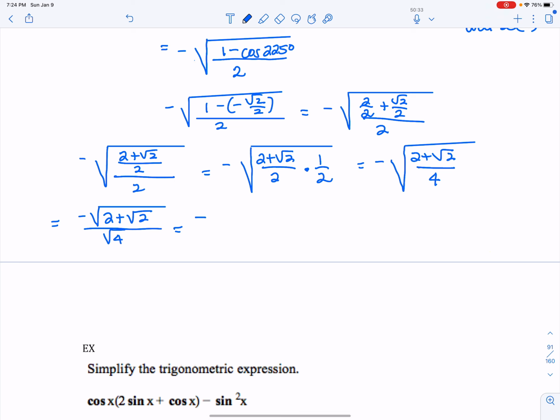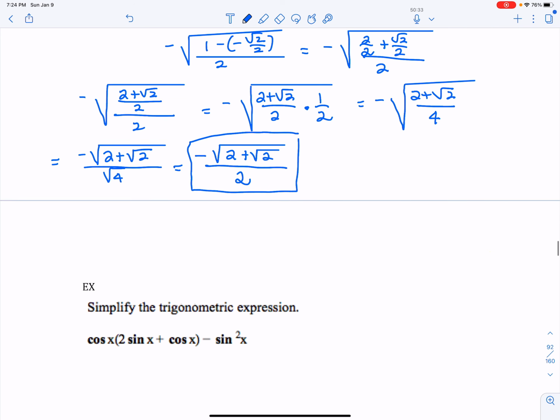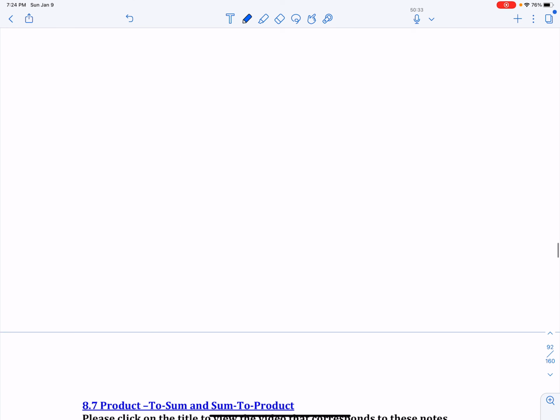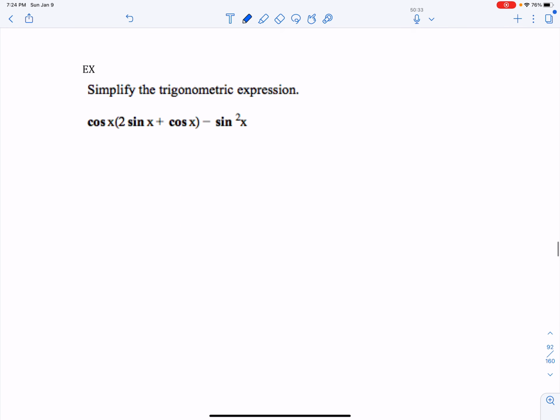So I get, as my answer, negative square root of, I forgot to move the pen like this, so let me do that again. 2 plus square root of 2 all over 2. So this is the answer for this problem, and once again it was negative because I was in quadrant number 3.